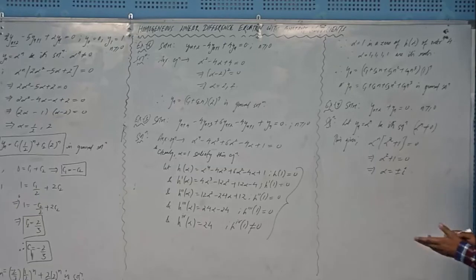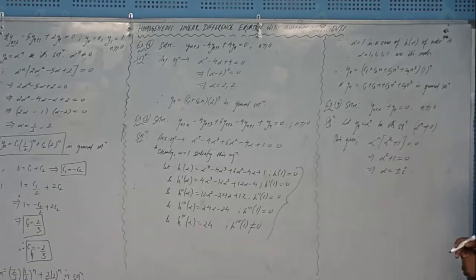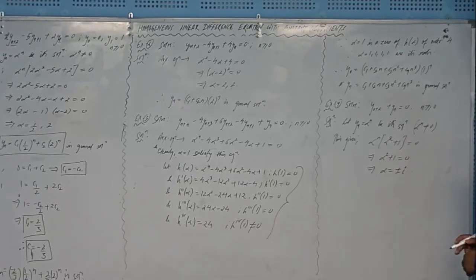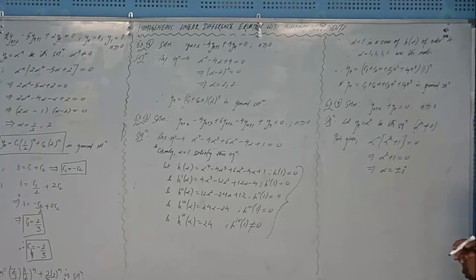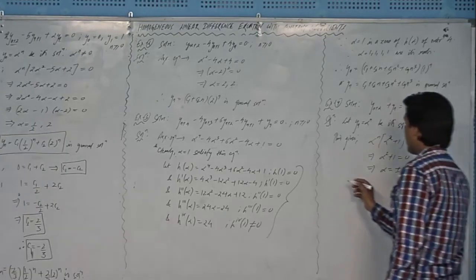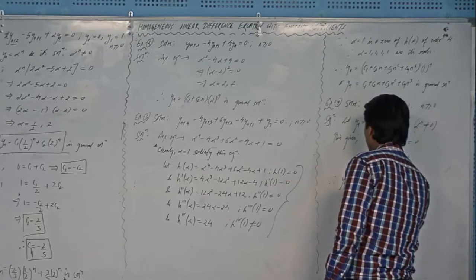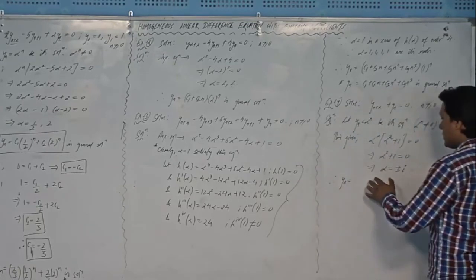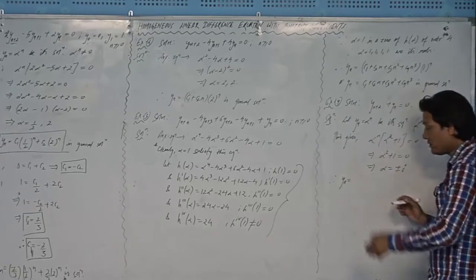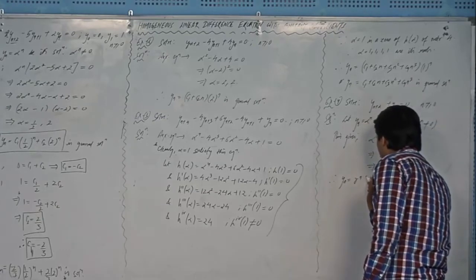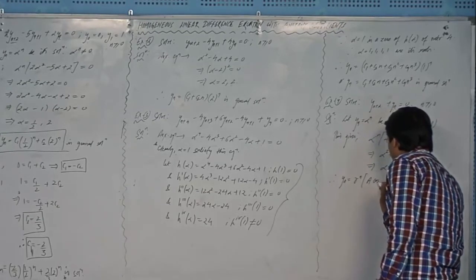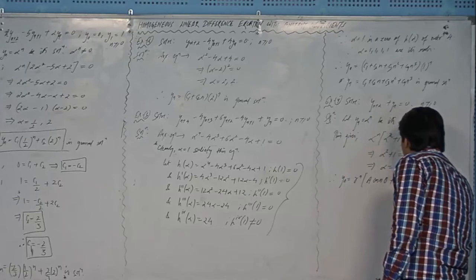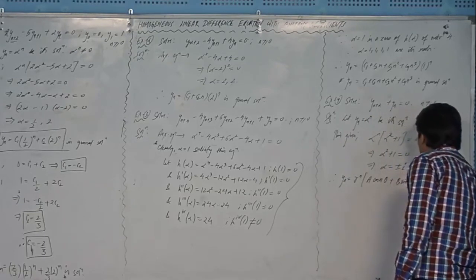So I will use that formula directly, if you remember that formula. Therefore, the solution is y_n. I think outside I had r to the power n, and inside I had a cos n theta plus b sin n theta, right?